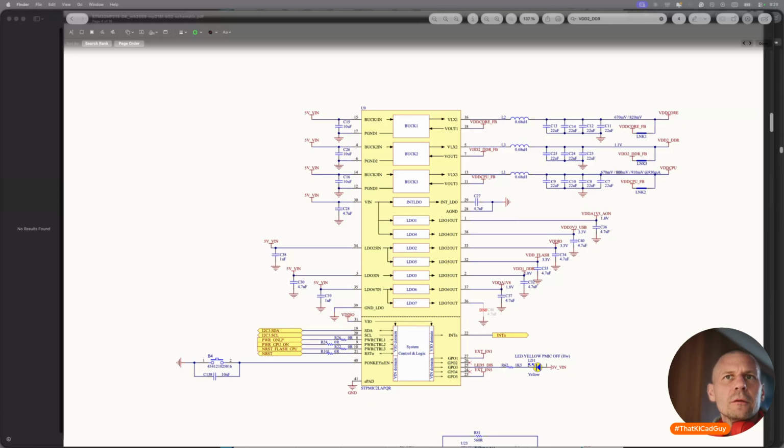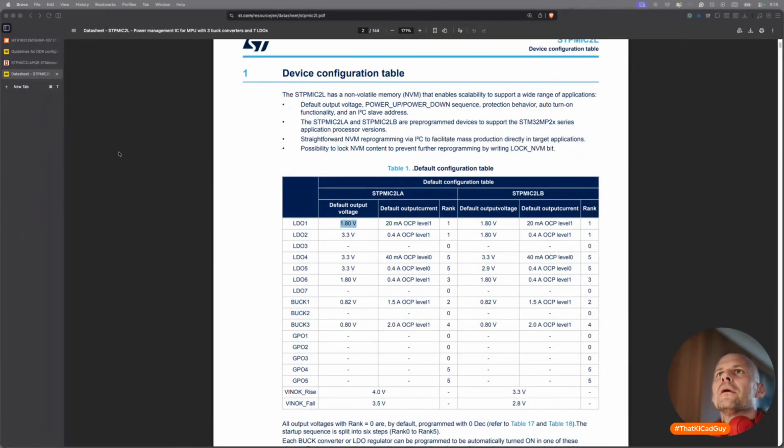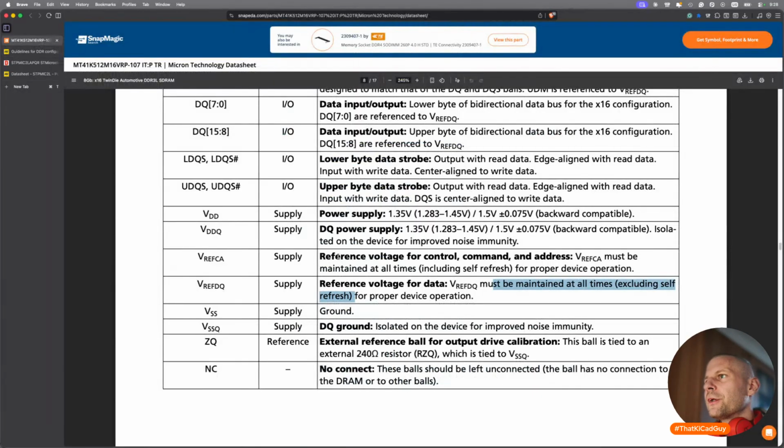So, what are the recommended voltages for this? VDD of the DDR is 1.35, and VDDQ is again 1.35.